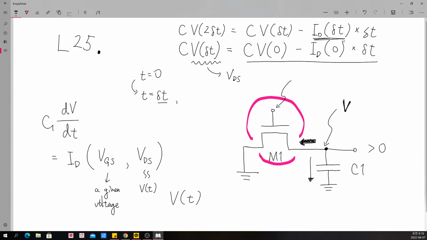Then how can you calculate this number? You can just have a fixed gate to source voltage, and VDS in this case should be regarded as V at the delta t time instance.